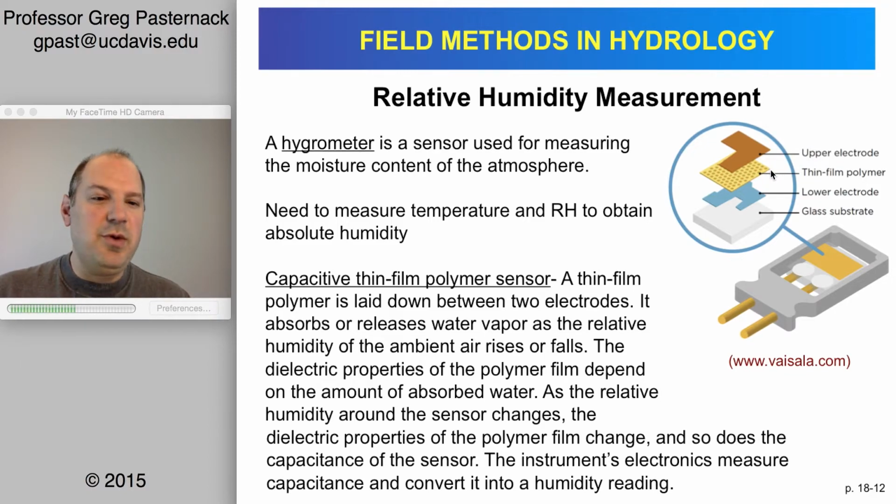We'll see this when we get to other soil technologies like time domain reflectometry. A lot of technologies now depend on the effect of water in and around electrodes and its ability to affect the flow of electricity. As the relative humidity changes around the polymer, we get a change in the voltage, and that's what's measured.